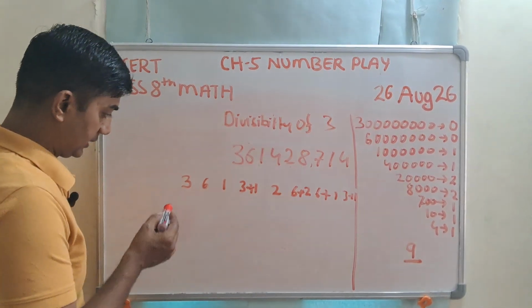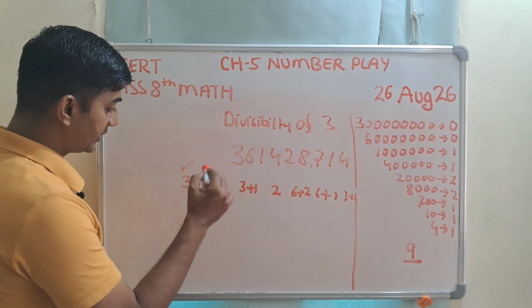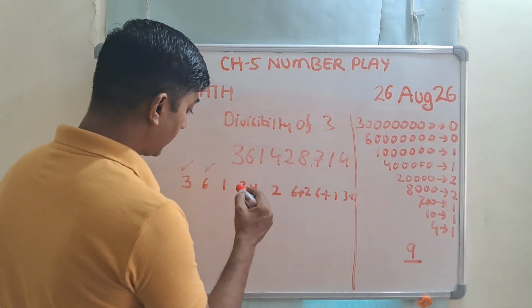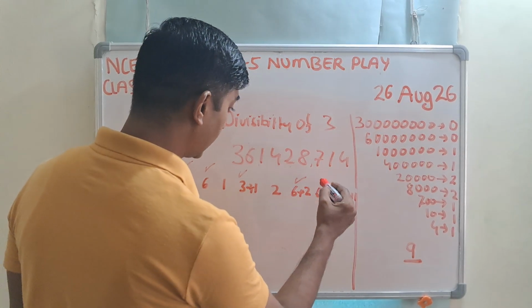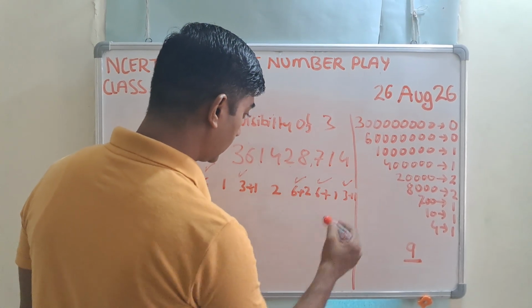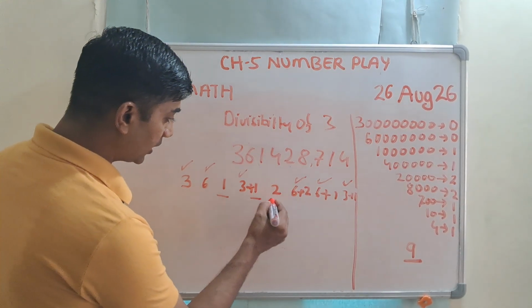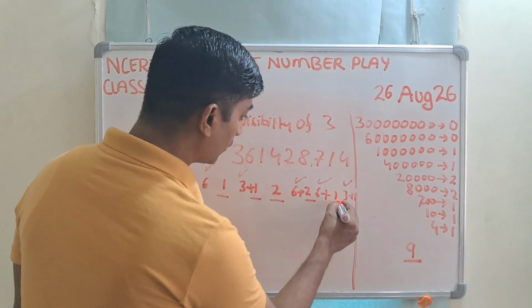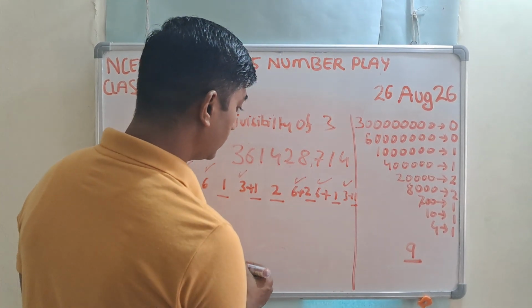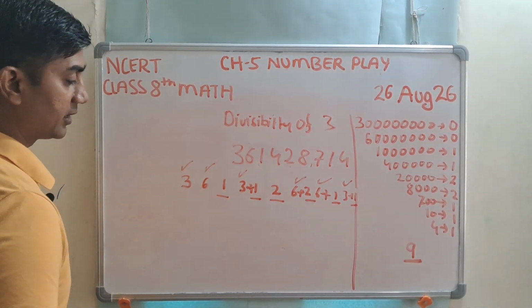So we have omitted this 6, this 3, this 6, and this 3, and we have only considered 1, 1, 2, 2, 1, and 1, understood? We have only considered these things.